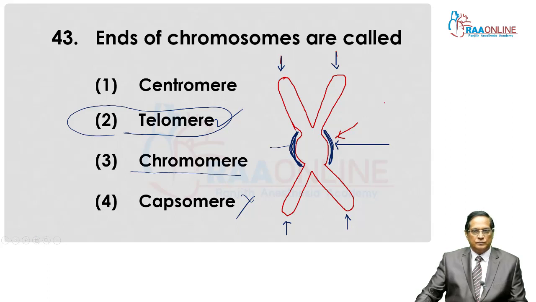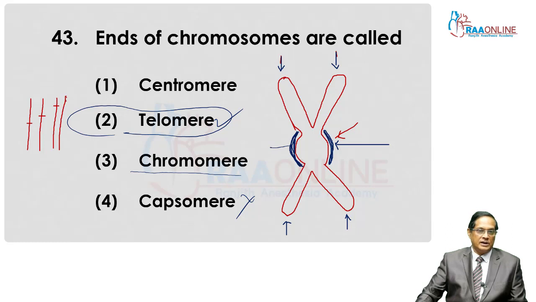And chromosome can also be classified on the basis of position of centromere. So let's know, if centromere is in the center, this is metacentric chromosome. If centromere is closer to center, submetacentric. If centromere is closer to end, this is acrocentric.